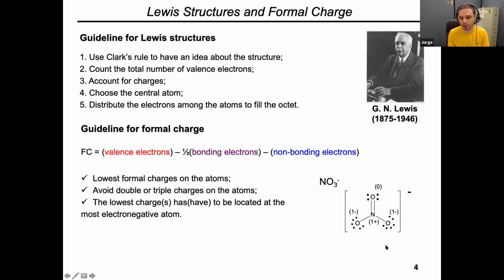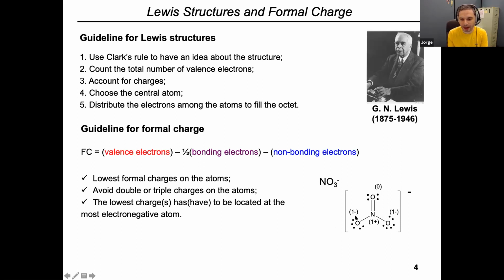For example, if we look at the nitrate ion, we know using the octet rule that we need to have one double bond, and therefore two single bonds between the nitrogen and the other two oxygens. When we calculate the formal charge for all the atoms, the N double-bonded O atom has formal charge 0.